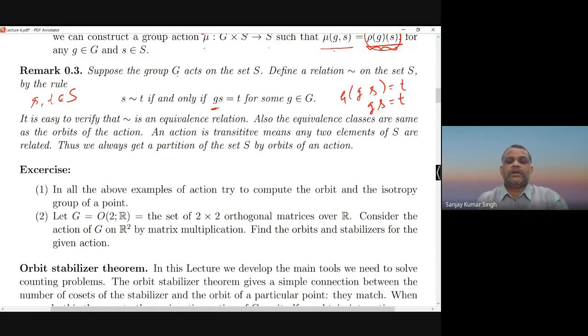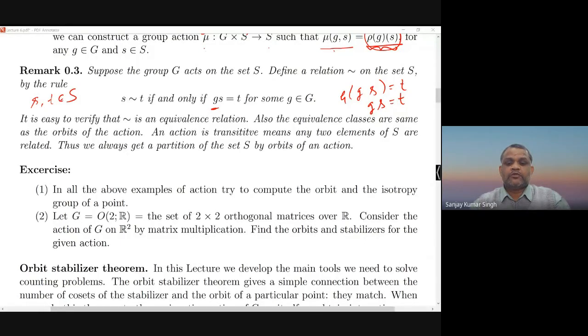Now I assume that the group action definition is done completely. Any question? If there is no question, okay, good.